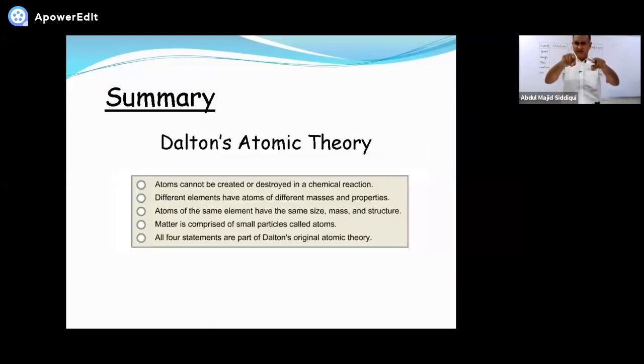And here is the most important slide. In your notes, you will see the topic, the Dalton atomic theory, with more or less the same points, with the same postulates.